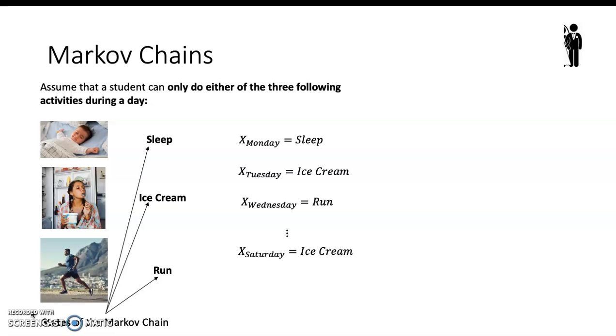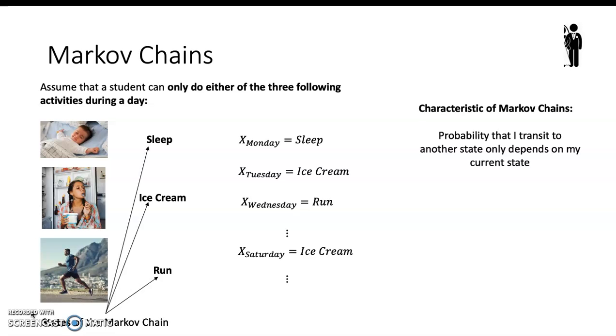And on Saturday maybe he eats ice cream again. What makes this a Markov chain is that the probability of transitioning to another state only depends on my current state. So for example, the probability that the student will run on Wednesday only depends on the fact that he was eating ice cream on Tuesday, and not that he slept on Monday.